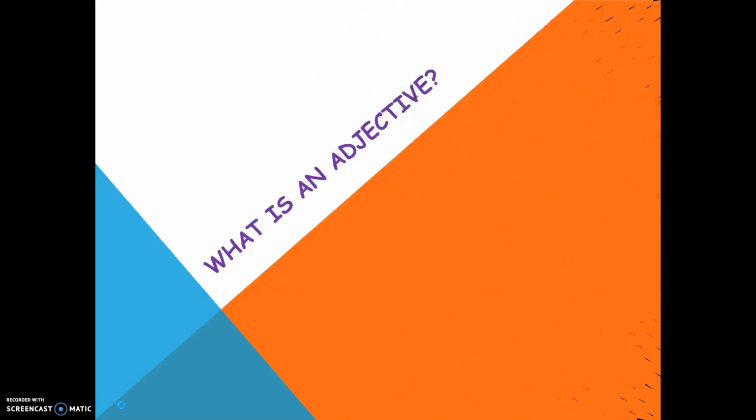So the first question is, what is an adjective? So I want you to think about two, three words, whatever you can, of describing a puppy. What words do you think about when you hear that? Describe a puppy or describe an elephant.